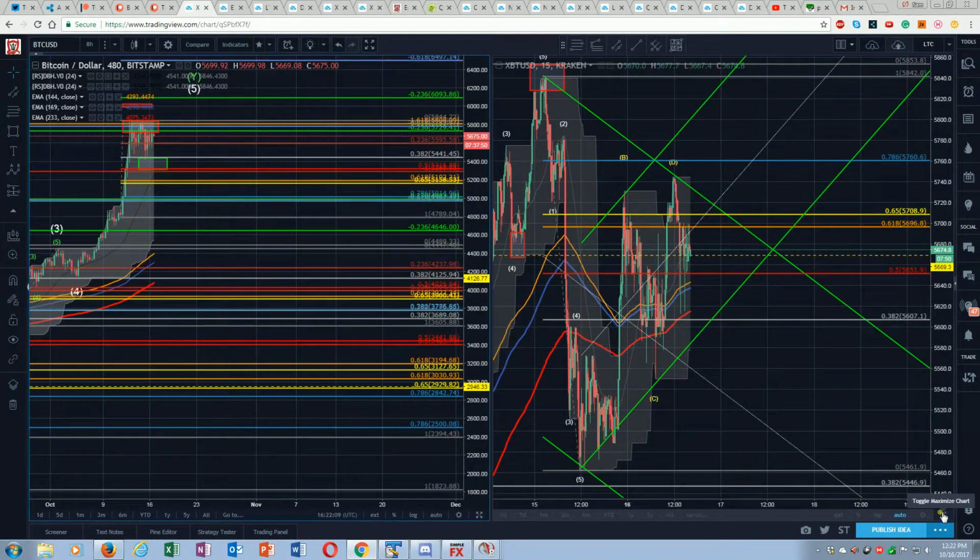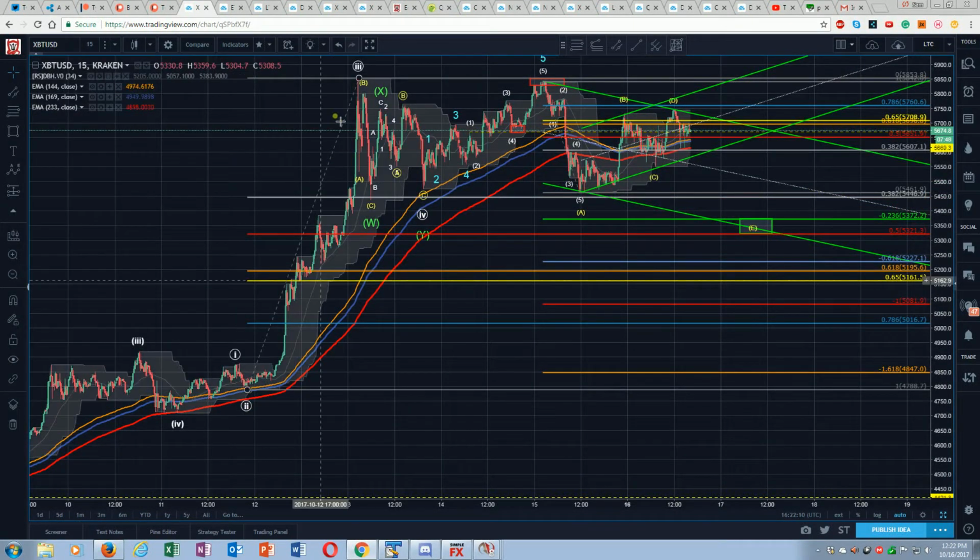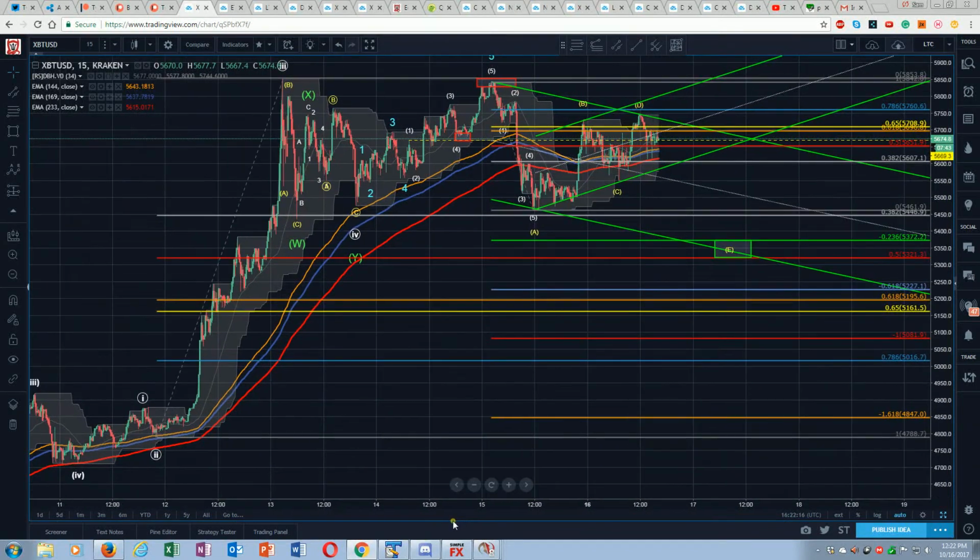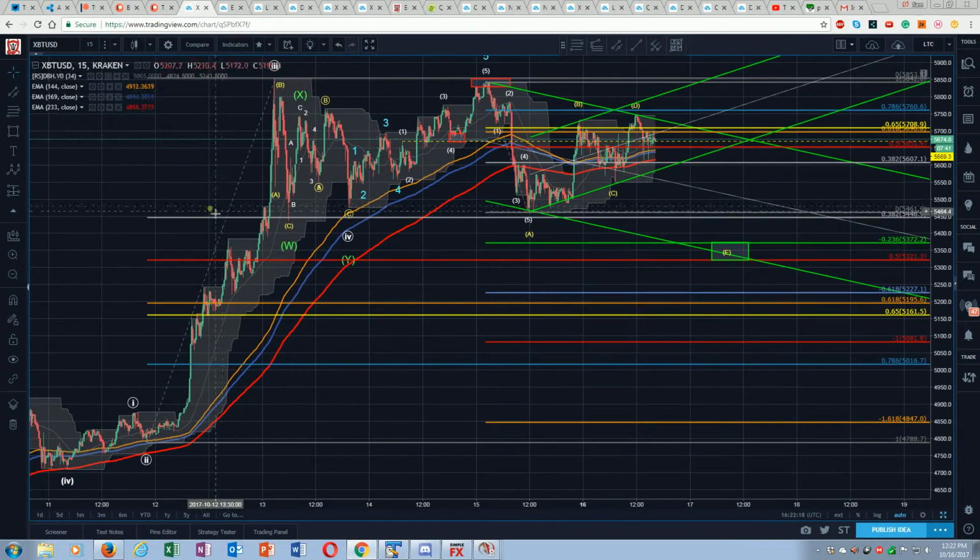Because of the market stalling here, we've gone into a pretty substantial complex correction. Now I'm here on the 15-minute, where it's getting tough to read, but there are certainly clues here that we can look at to give us some sense of what we might expect next and where we might look for opportunities to get into the market.